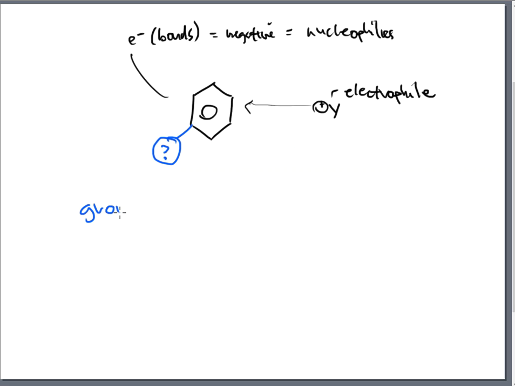And the group is going to be very important. And the group is going to be broken down into two classifications. The first classification is called an activating group, and the second classification is called a deactivating group.